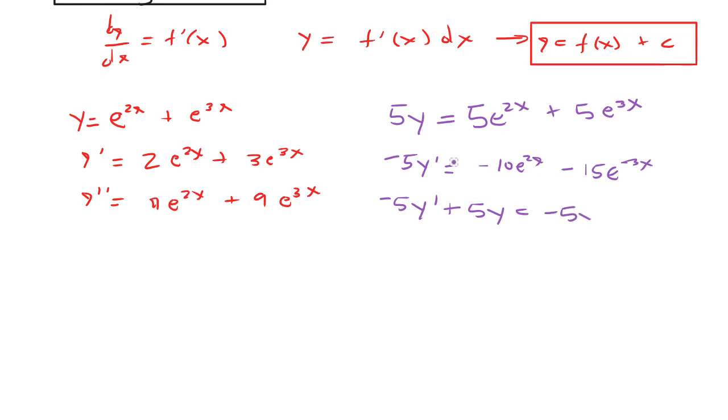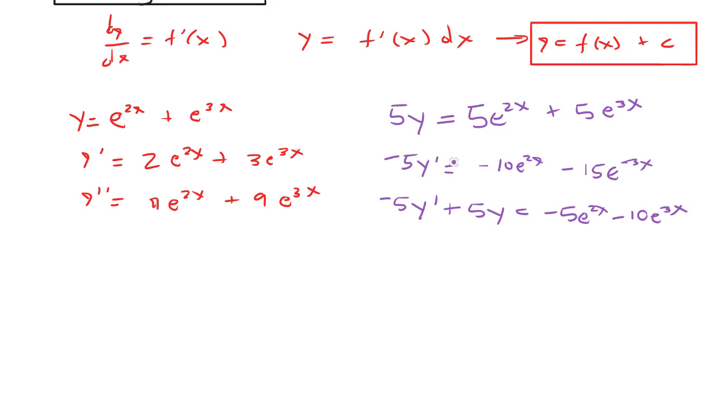When we add these two, we have minus 5y prime plus 5y equals negative 5e to the 2x, and then we have a negative 10e to the 3x. In any case, our goal would be to reduce this as best as possible so that it could equal 0, for example.